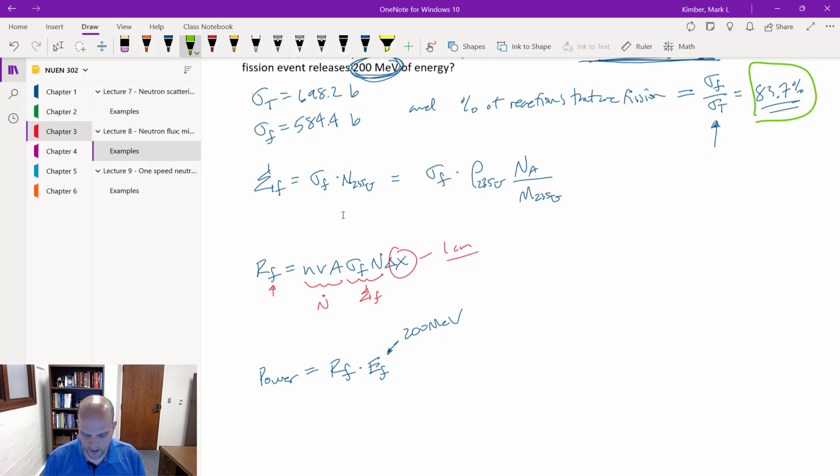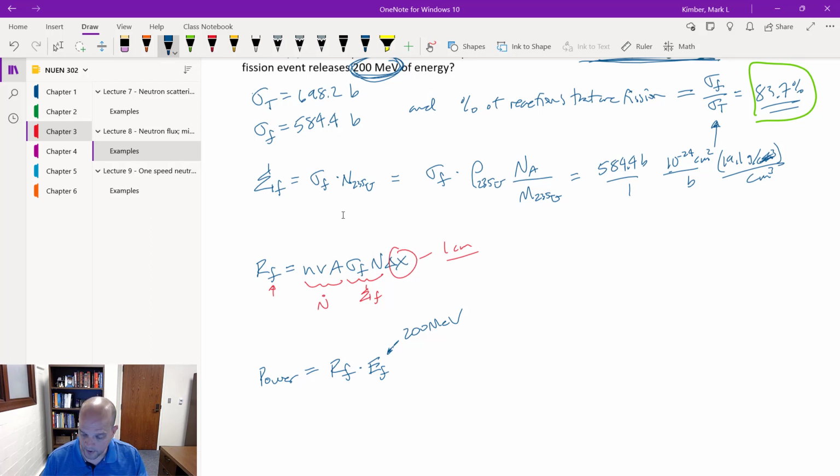So I've got that number, and then here I'm just going to put in my calculations. I just want to do my fission, so that's 584.4 barns, and then I know that there's 10 to the minus 24 centimeters squared per barn, and then I'll multiply it by the density, which was given as 19.1 grams per centimeter cubed, and then I'll put the centimeter cubed down here.